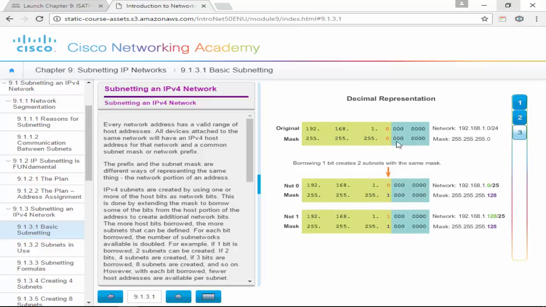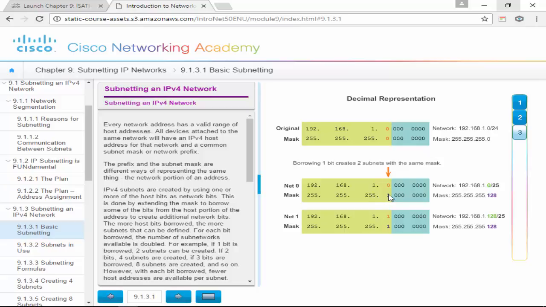Alright, so our original subnet mask was just a /24, and so they decided to borrow one bit from the subnet mask, right? So up here with the /24, that means we have 8 ones here equaling 255, 8 ones here equaling 255, 8 ones here equaling 255. If we add all of the 8s together, that is a /24. So that's what we mean by a /24. It looks like this.